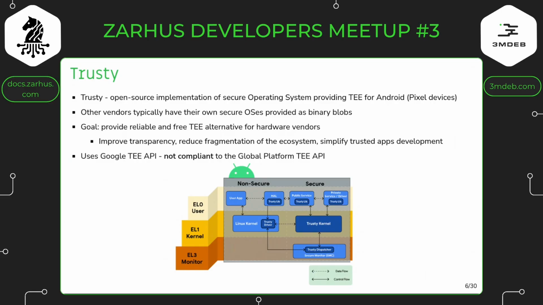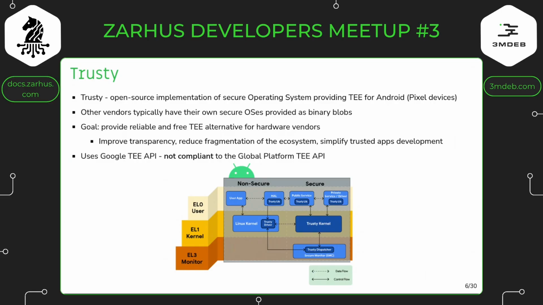Currently, it mostly runs on Google Pixel devices. The goal is to provide a reliable and open alternative. Google say they would probably want other vendors to switch to that. They want to improve transparency, reduce fragmentation of the ecosystem, and also simplify development of trusted applications.